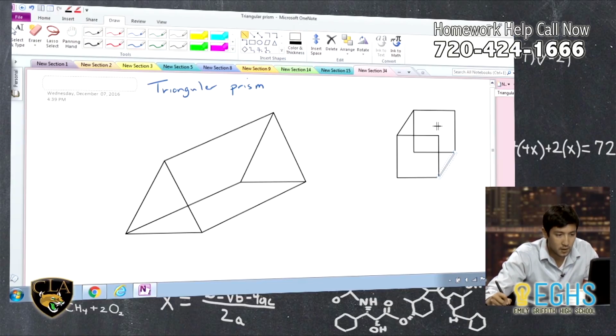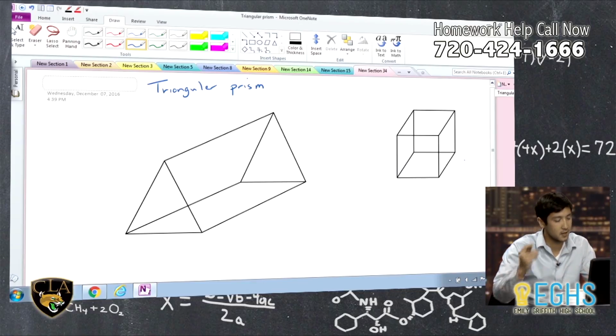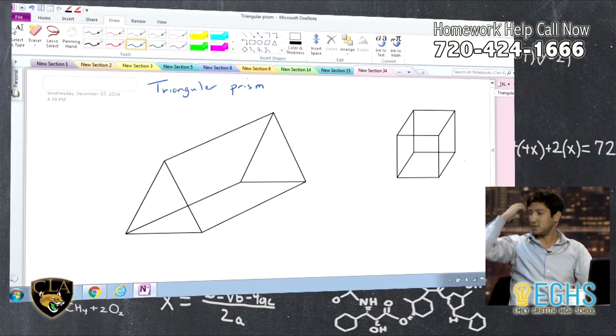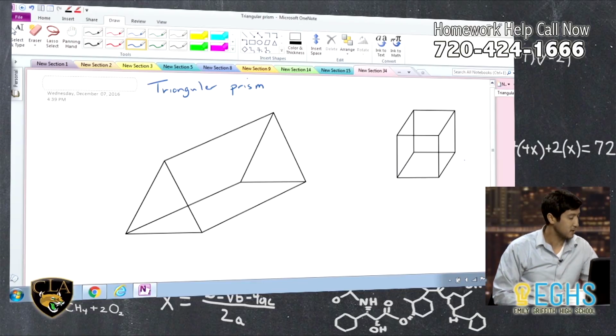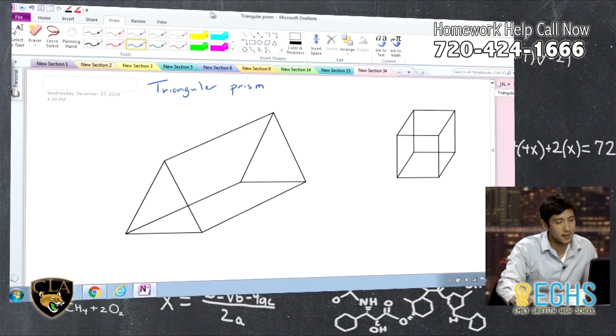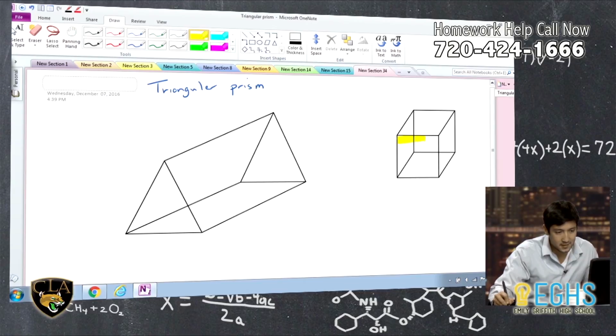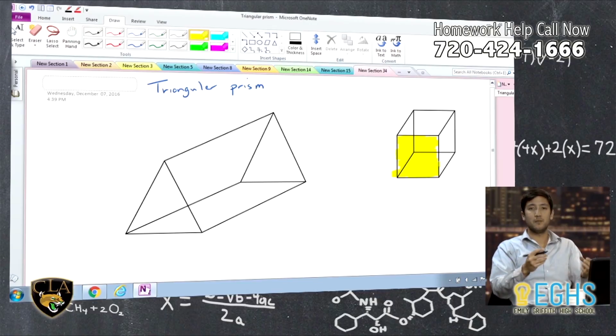What we're thinking about when we have these prism shapes, and the way you know it's a prism, is that it maintains its shape all the way. If you can visualize what this shape is down here, this is a square, assuming all these sides are of equal length. One way to think about this is that a prism maintains the same shape of its base all the way through.